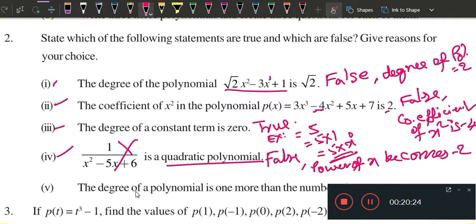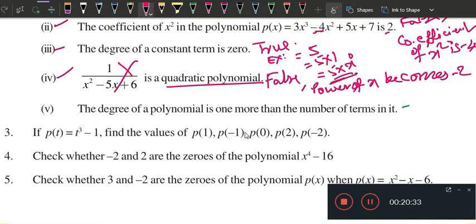Okay, children. Then, the degree of a polynomial is 1 more than the number of terms in it. Is it right?